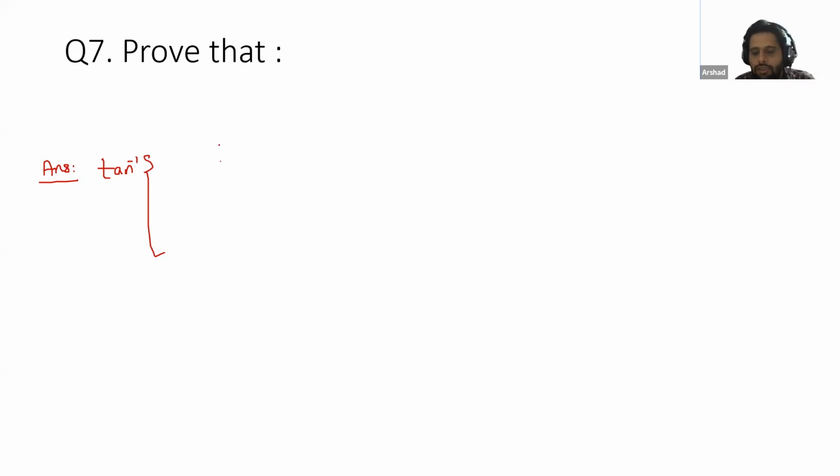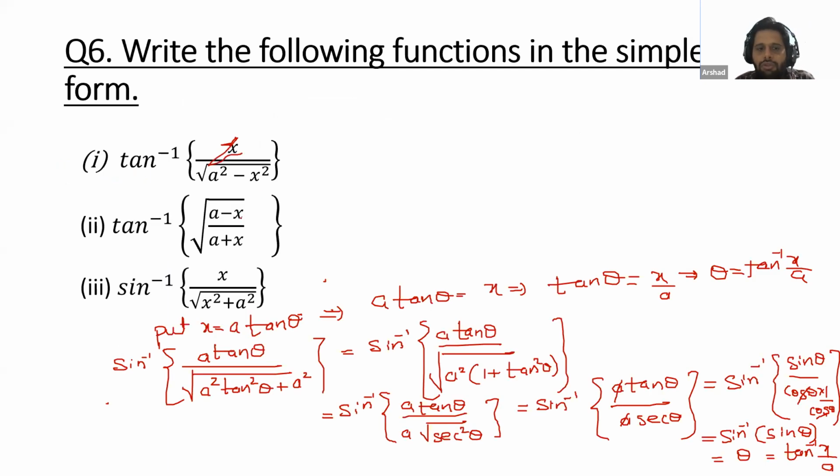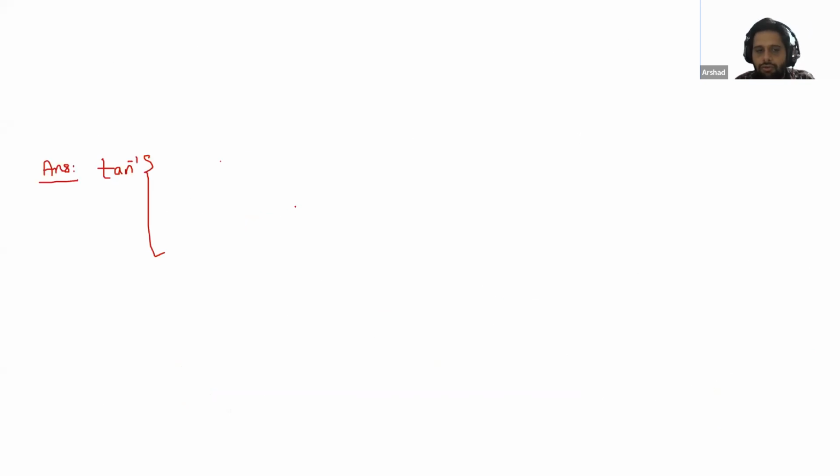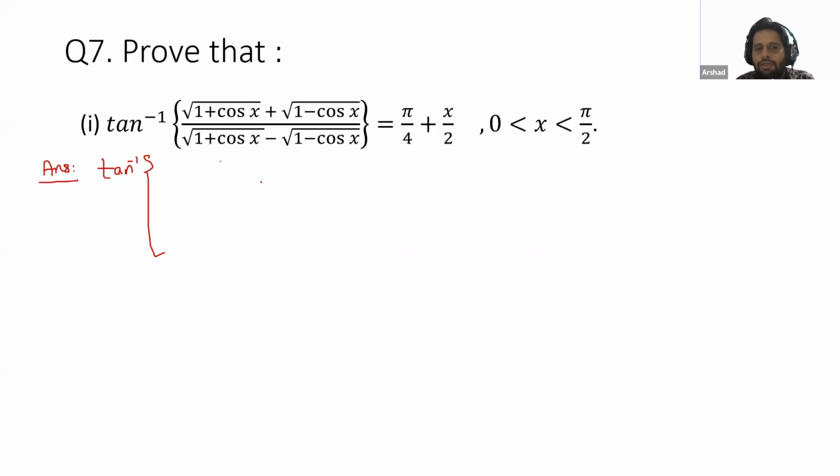If you check the previous question, you don't have a trigonometric ratio inside the bracket. That's why we put in place of x a trigonometric ratio. In this question, in the bracket, we already have a trigonometric ratio. That's why we will simplify this directly.